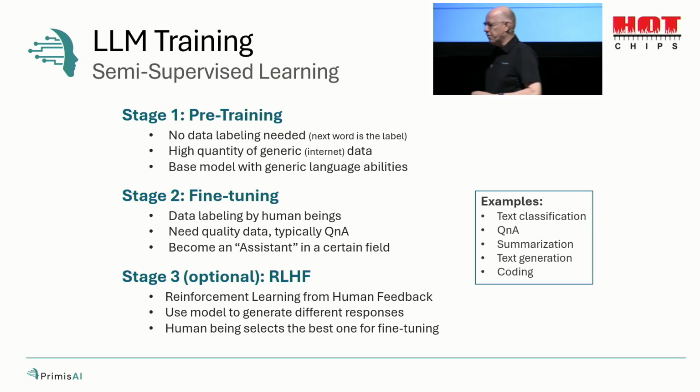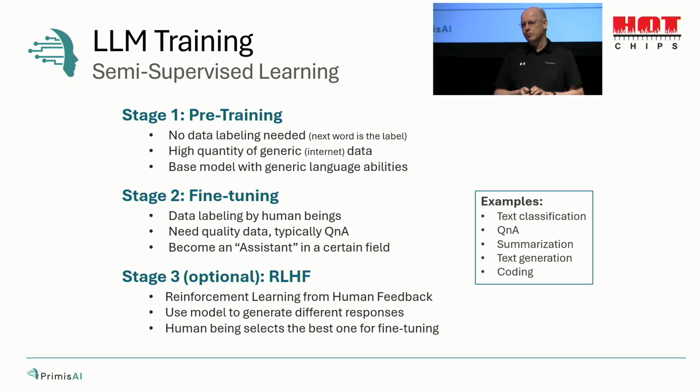For that purpose, there's the fine-tuning stage, where the data is labeled by human beings. You can think of human beings giving examples like text classification, Q&A, summarizing text, such that it becomes more of an assistant.